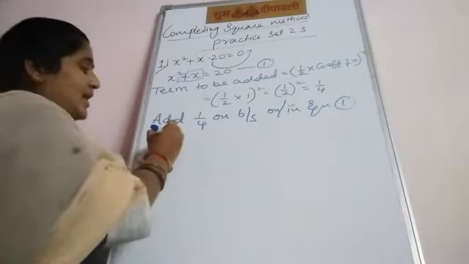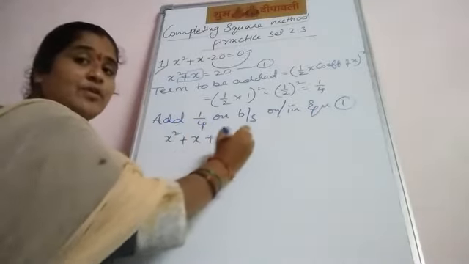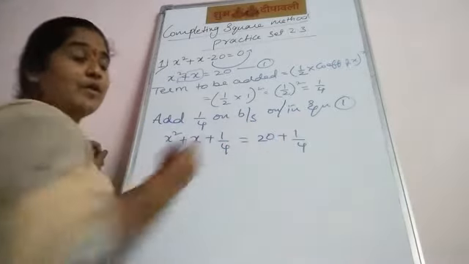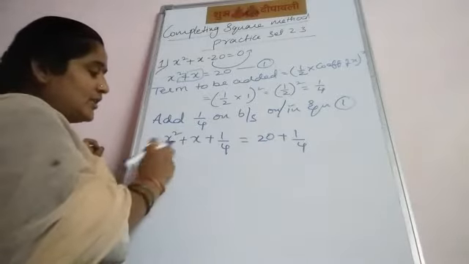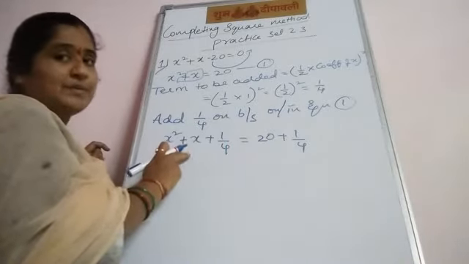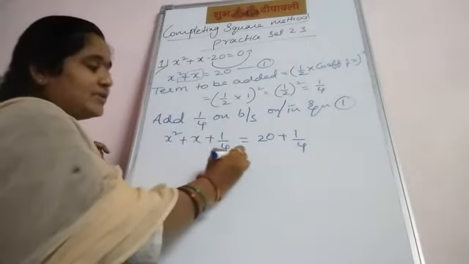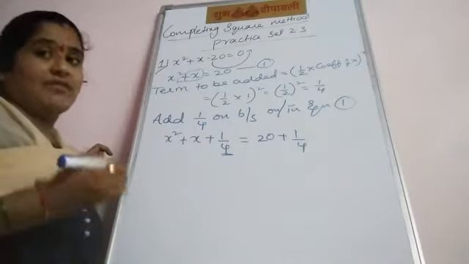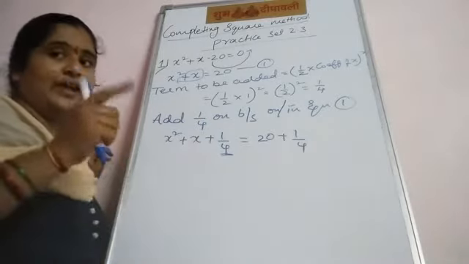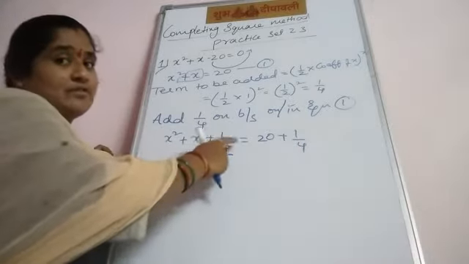Okay? x square plus x plus 1 upon 4 equal to 20 plus 1 upon 4. Now, if you observe this, you will get the a plus b whole square form. See, 1 upon 4 can be written as 1 by 2 whole square. Now this middle term, what? 2ab. a square plus 2ab plus b square.